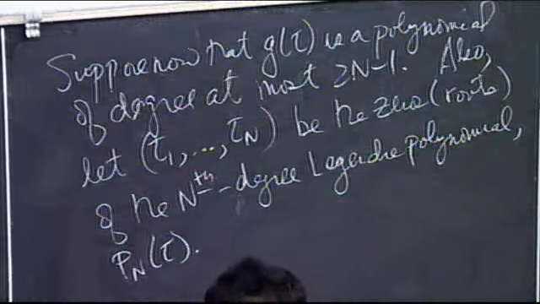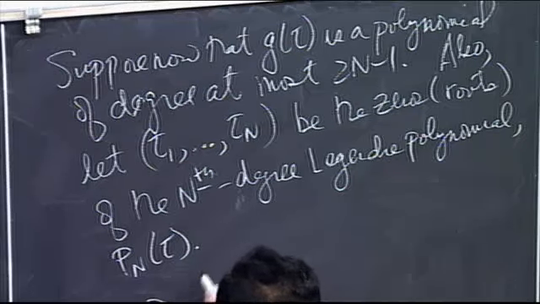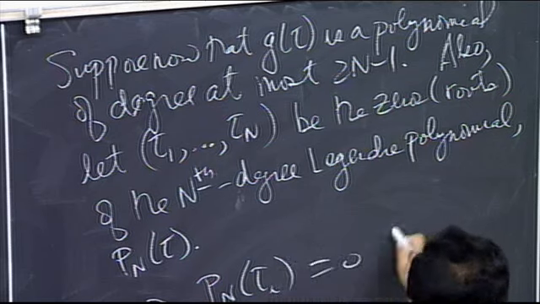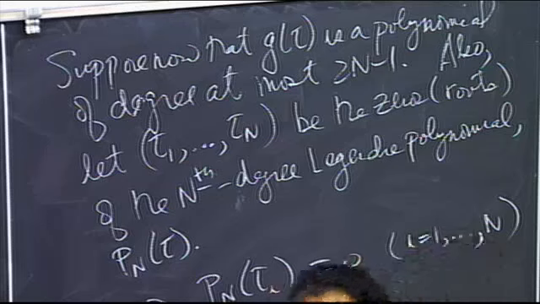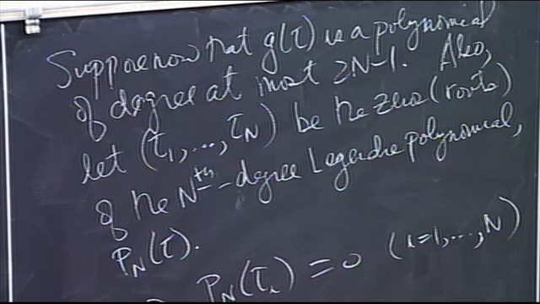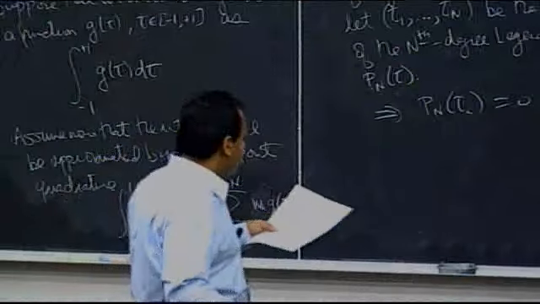All right? So what that means is that if I evaluate Pn at tau_i I get 0 for i equals 1 to n. Okay? Because they're the roots of that polynomial. It's an nth degree polynomial. It has n roots, right? They happen to all be real.